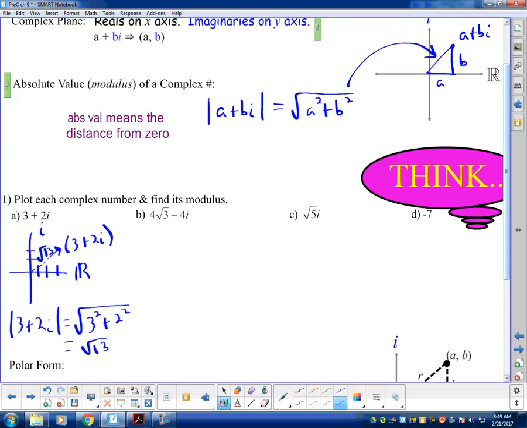Why don't you go ahead and see if you can find the modulus of b. It will come out as a whole number. So go ahead and draw a picture of it, plot the complex number, and then see if you can find its modulus.